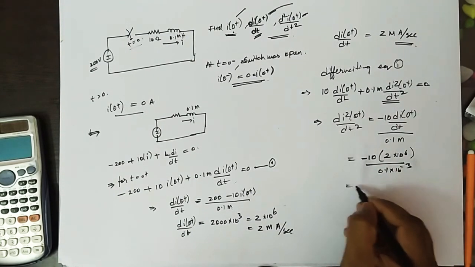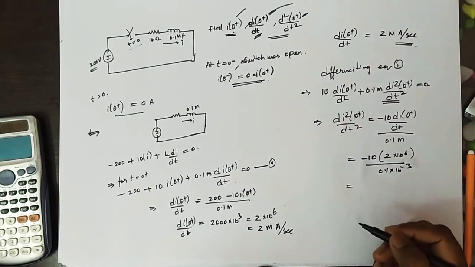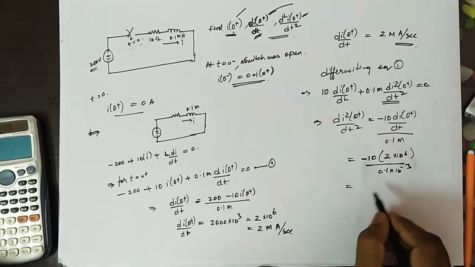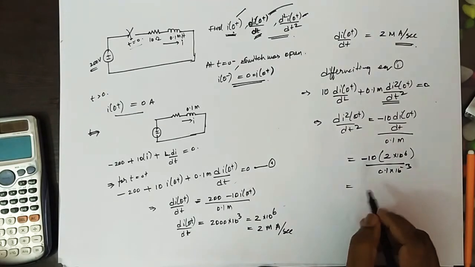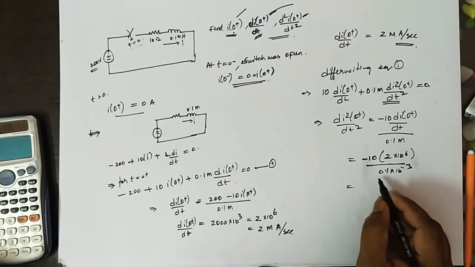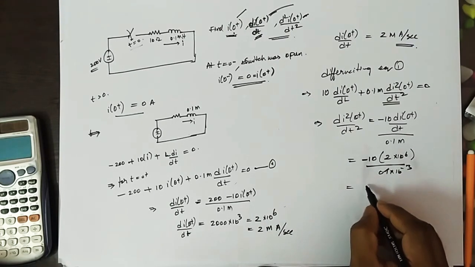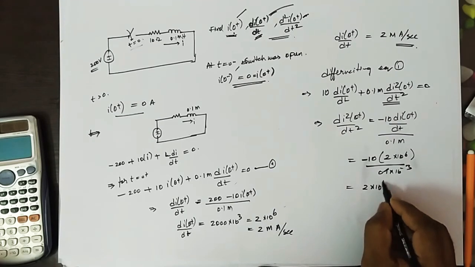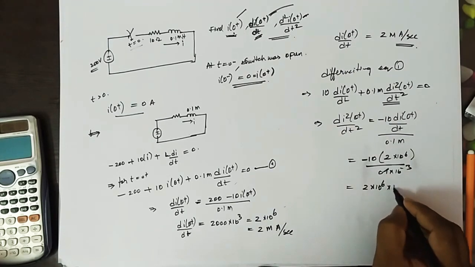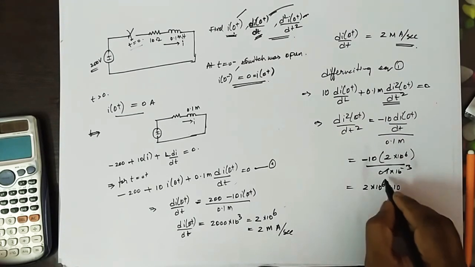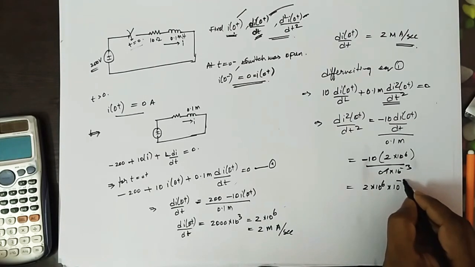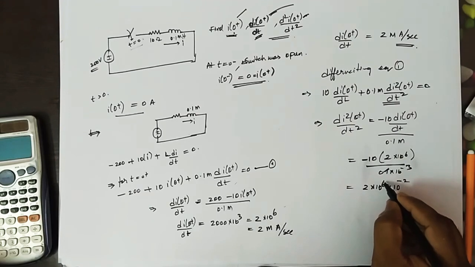So this one will get cancelled. 2 into 10 power 6 into 10 power minus 2 into 7. Let us say this is equation 7.